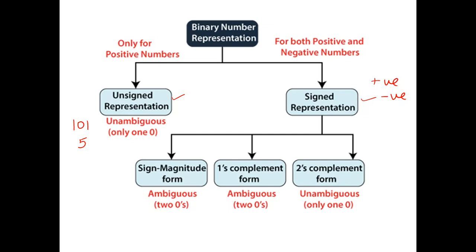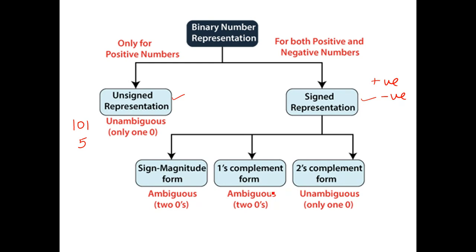There is an extra bit for sign representation. If the value of the sign bit is 0, the number is positive and we can directly represent it in simple binary form. But if the value of the sign bit is 1, then the number is negative and you have to take the 1's complement of the given binary number. So always remember that complement forms are basically used for negative numbers.